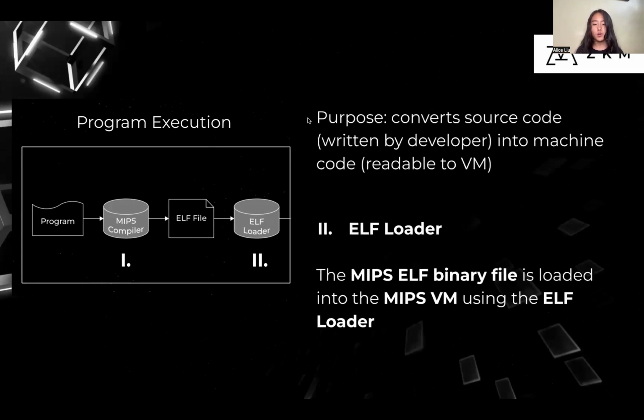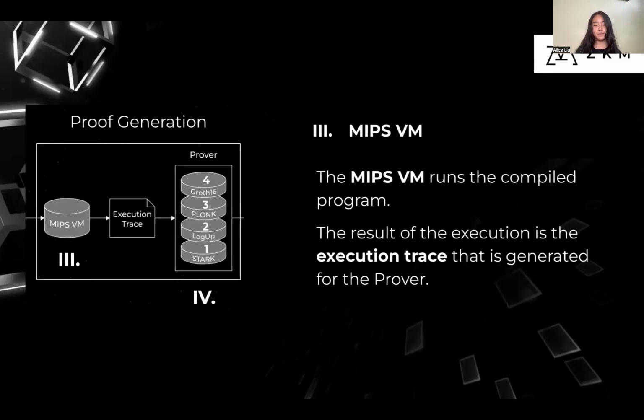So the ELF file will be readable to the VM by converting the source code written by the developer into machine code. The ELF loader will then load the MIPS ELF binary file into the MIPS VM. And the MIPS VM will execute the compiled program and generate an execution trace for the prover to use in order to prove the program.